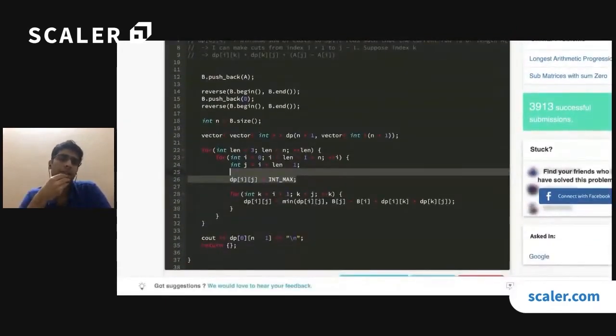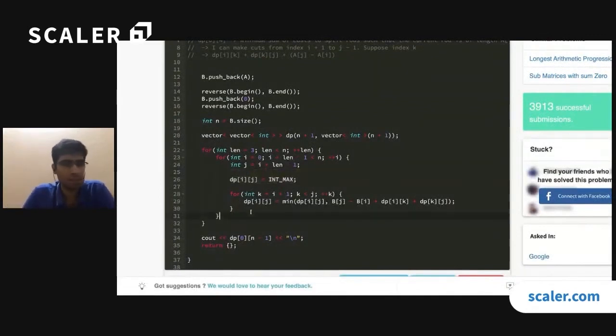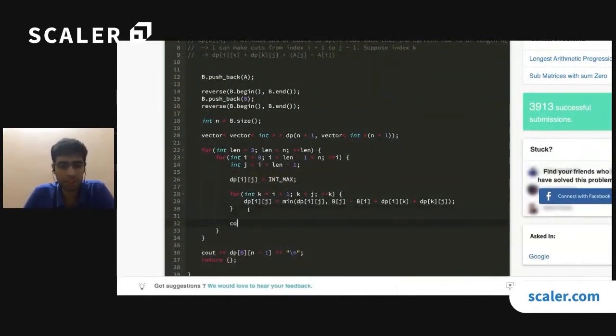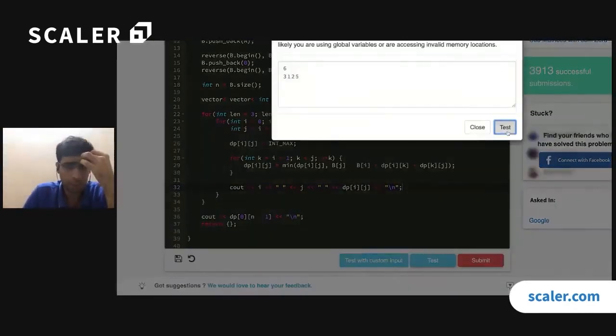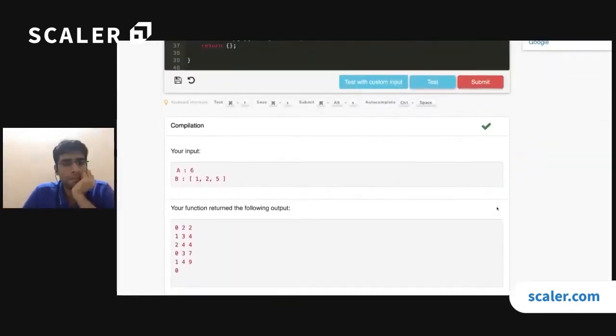Let me try to see what dp[i][j] is coming for each index. I just first want to clarify if my algorithm is correct.